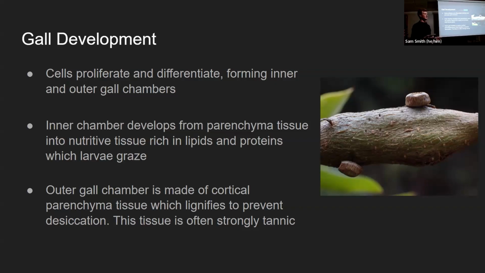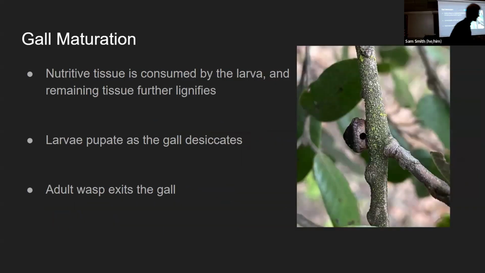They have a really long history of being used by humans to make dyes. There are also a lot of secondary chemicals that the galls produce to deter other predators and parasites. So there's a lot going on there as well, but that's all happening in the gall development phase.